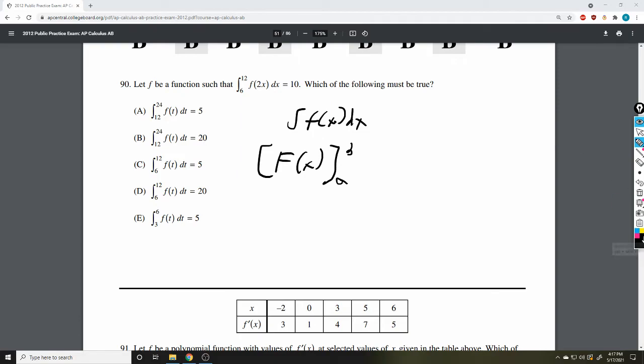Now, when I do that for f of 2x, so I'm doing the integral of f of 2x, two different things happen when I do that. Watch carefully. Integral from 6 to 12 of f of 2x.